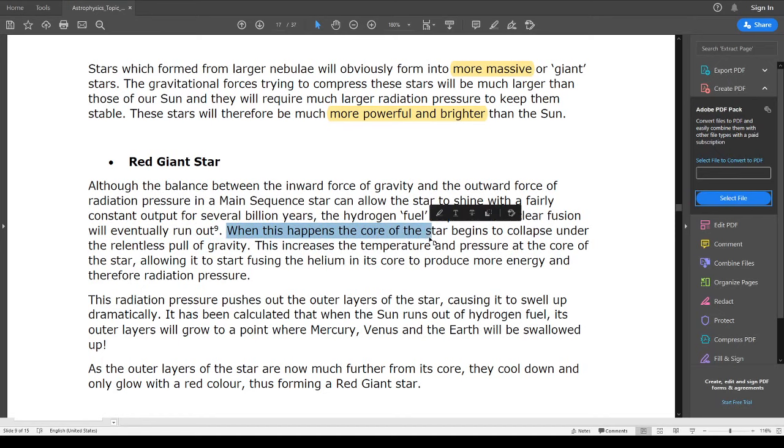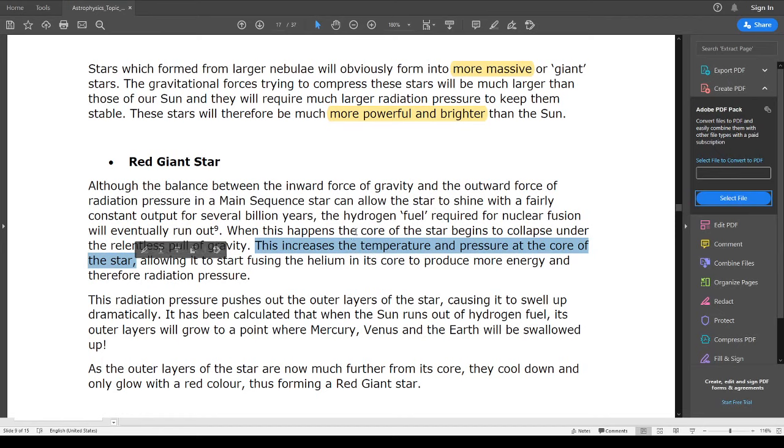When this happens, the core of the star begins to collapse under the relentless pull of gravity. This increases the temperature and pressure at the core of the star. So we have studied up to this.